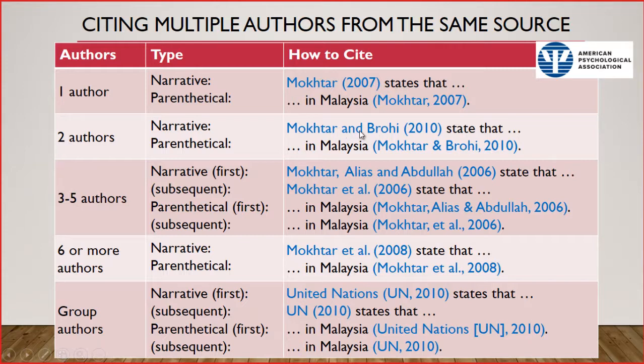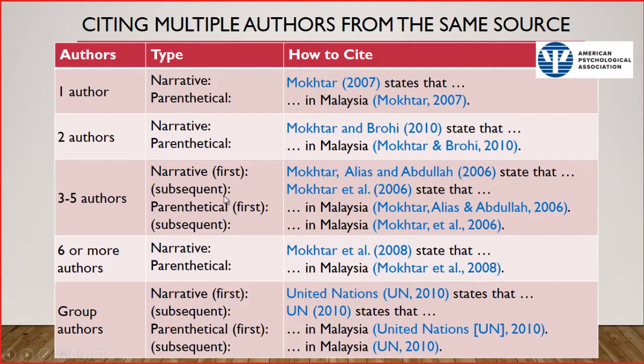You cannot use the ampersand, because this is part of the sentence. Mohtar and Brohi, let's say 2010, state that. See, 'state' because there are two persons, so this is plural. It cannot be 'states'. It's 'state' because in English this is considered plural.